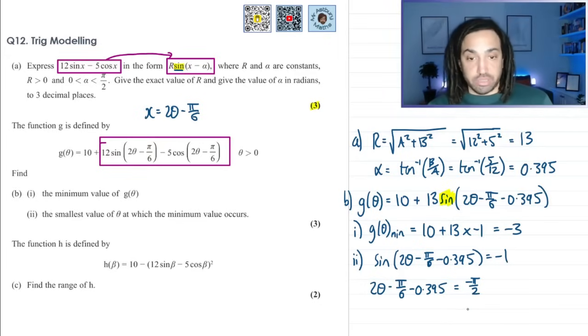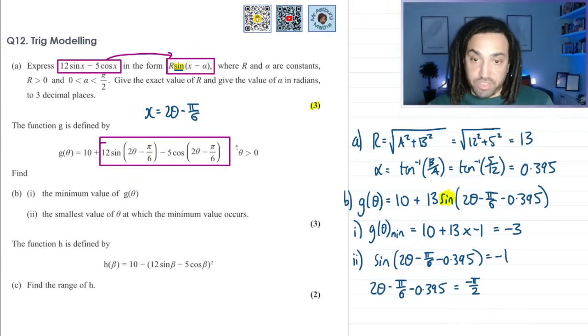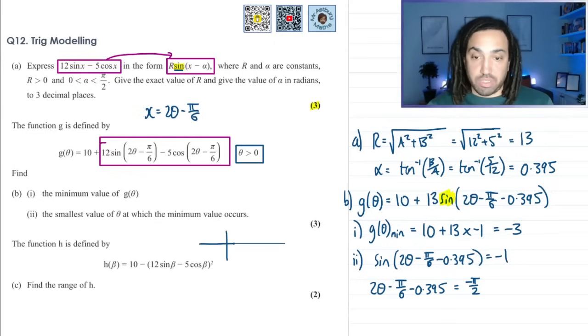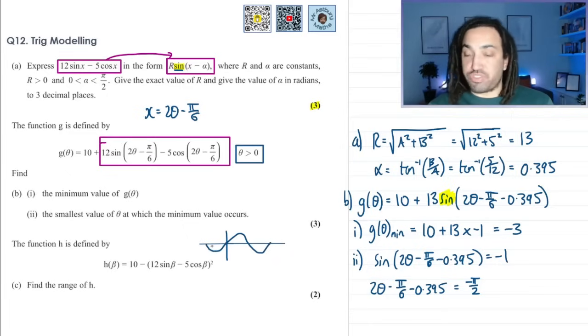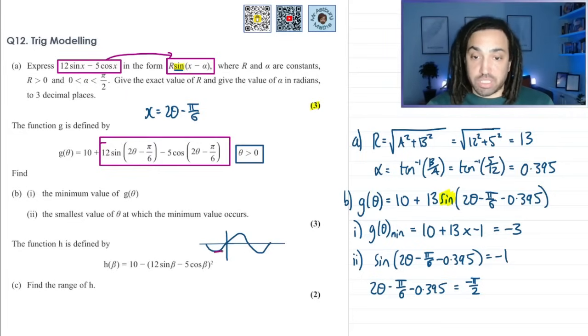Now what I like to do as well, given that it says that theta is greater than 0, let's find out another value just in case. So we know that the sine graph looks like this, like so. And we've just found that at minus 1, our calculators have told us that here at minus 1 we have a value of minus pi over 2.